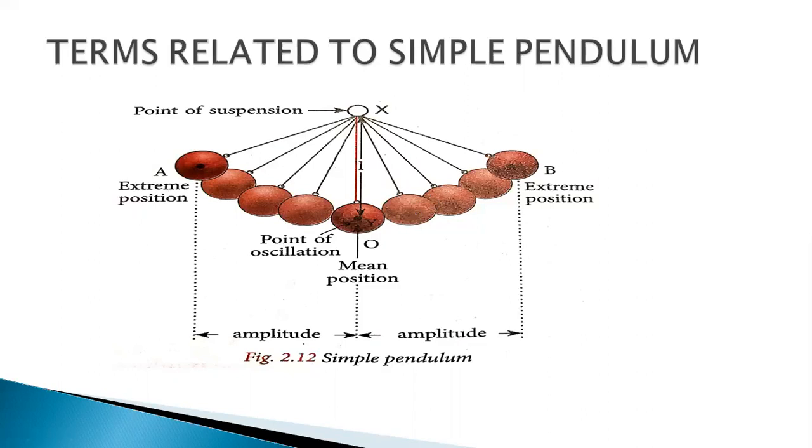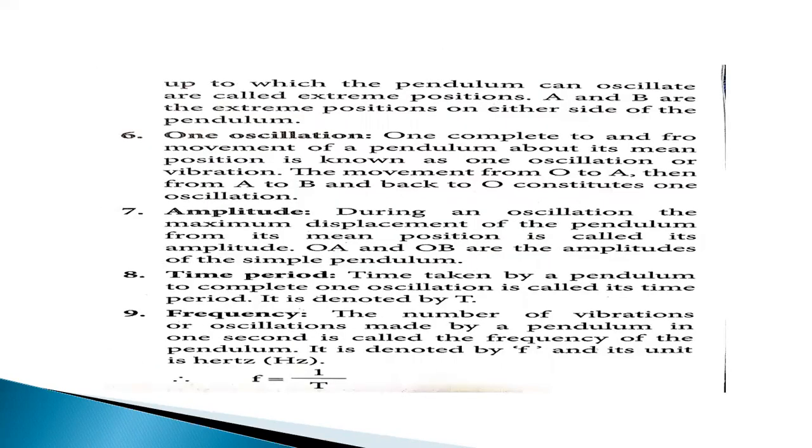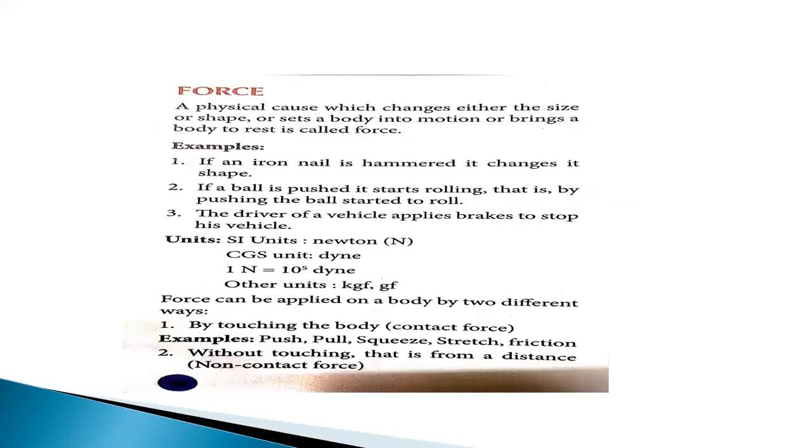Frequency is denoted by the letter f and the unit of frequency is hertz. The time taken by the pendulum is denoted by T and it is measured in seconds. Amplitude is nothing but displacement and it is measured in meters. So this is about the terms which are related to the pendulum.